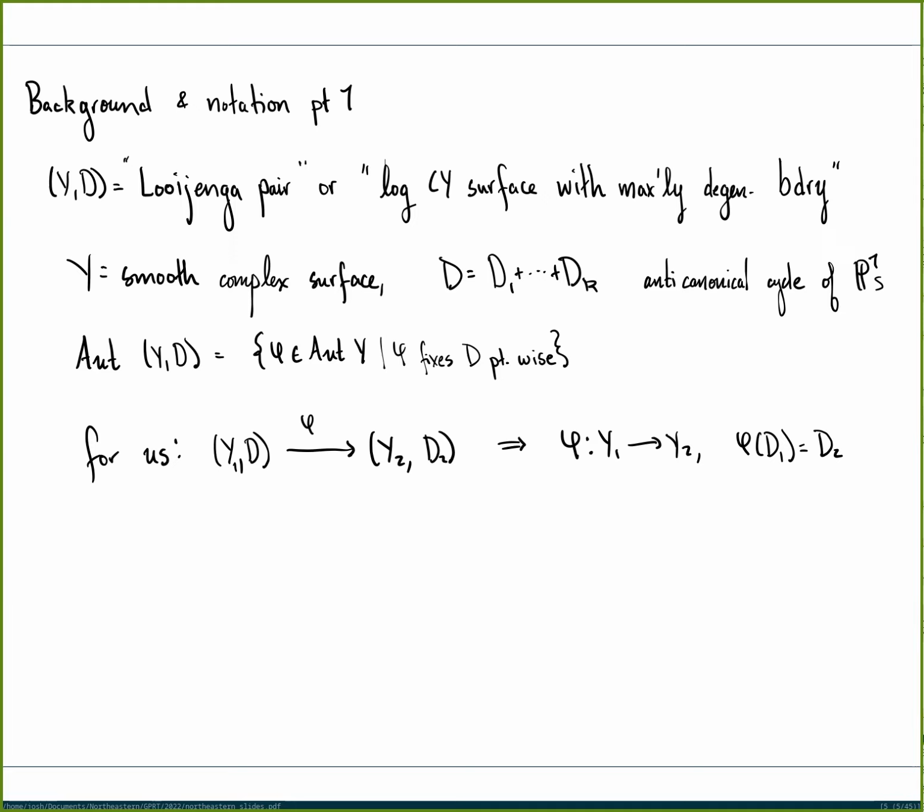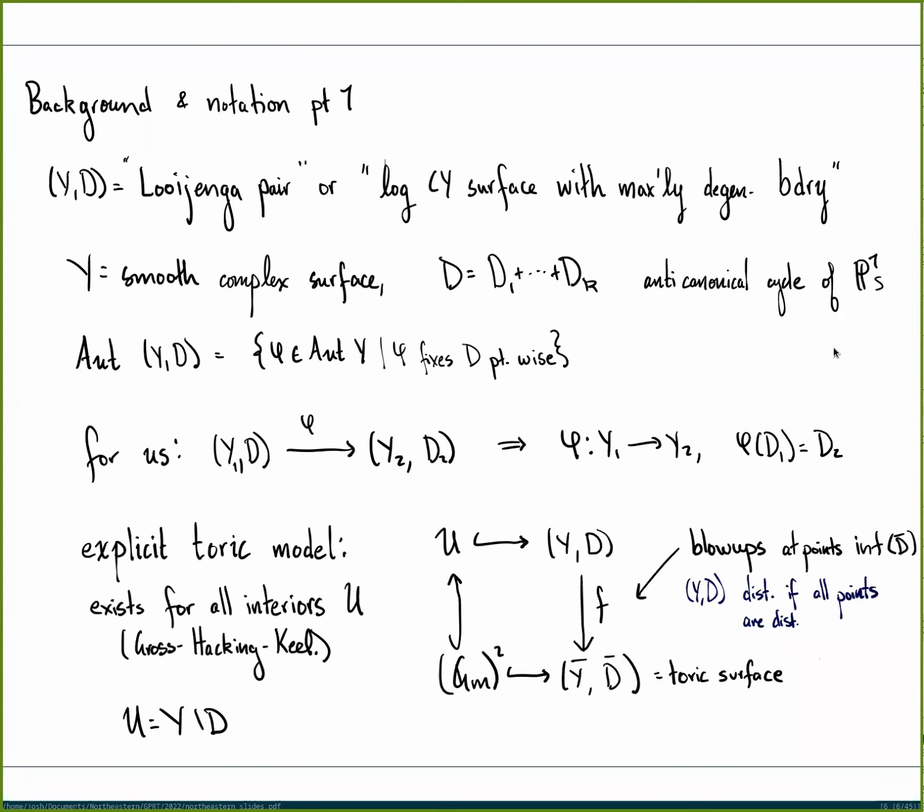The important piece of background to know from algebraic geometry is that if you look at the interior of one of these log-Calabi-Yau surfaces, so you look at one of these Y and you subtract D to get something U, then that U embeds into some log-Calabi-Yau surface in the following way.